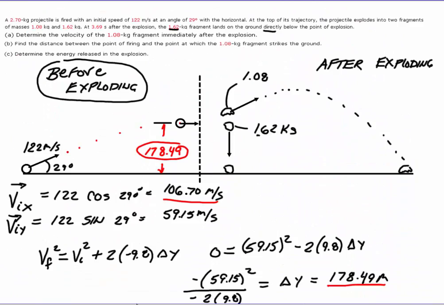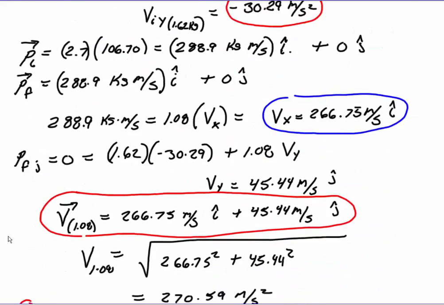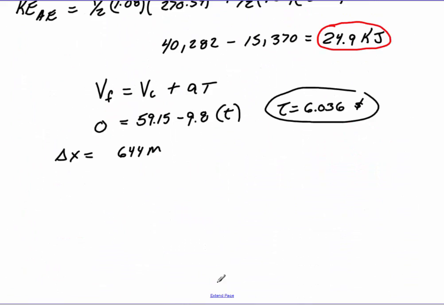Let's go back to our kinematic equation: VF squared is equal to VI squared plus 2 times negative 9.8 times delta y, and then we can find our final velocity. If I find my final velocity when it hits the ground, can I not put it back into this equation and find my time?